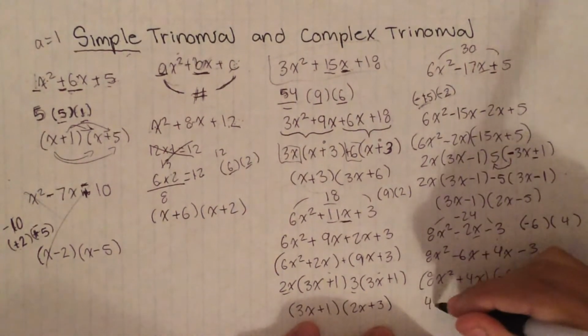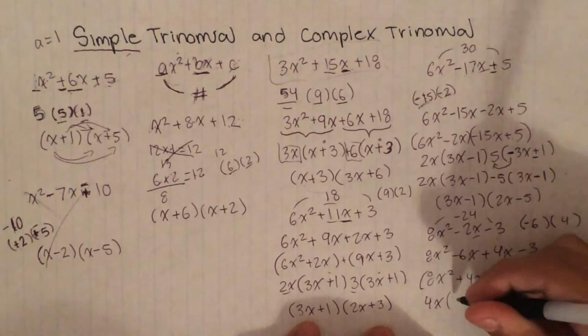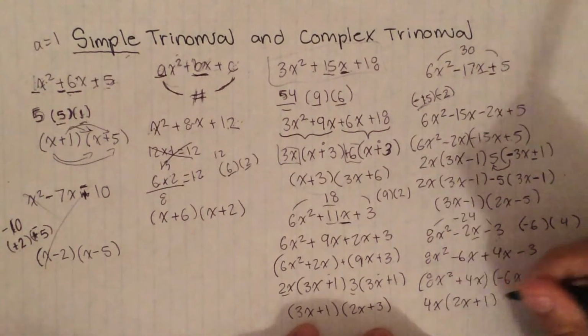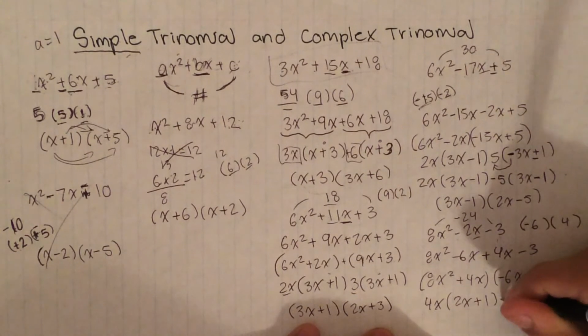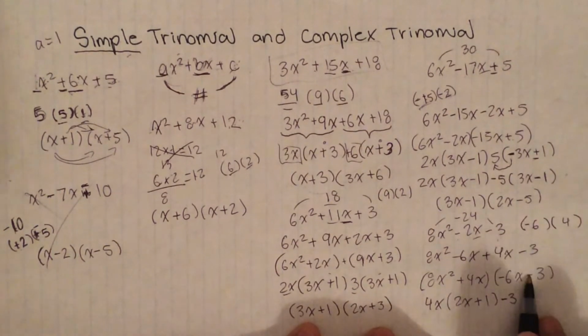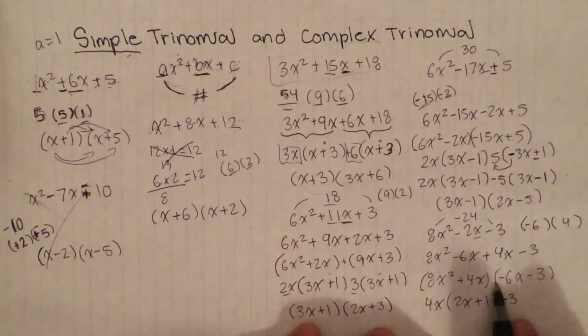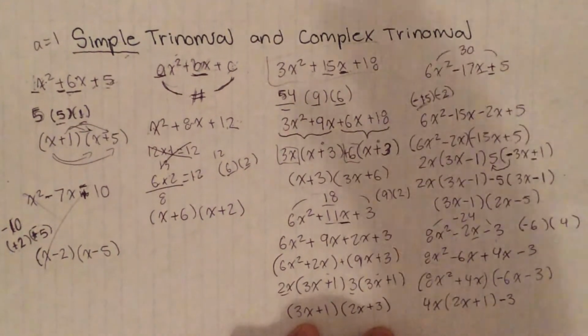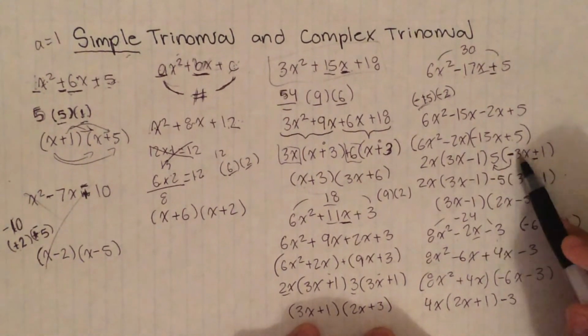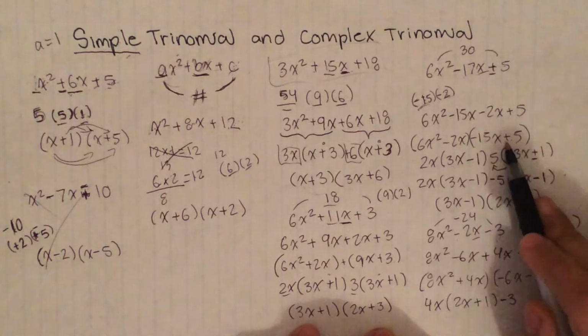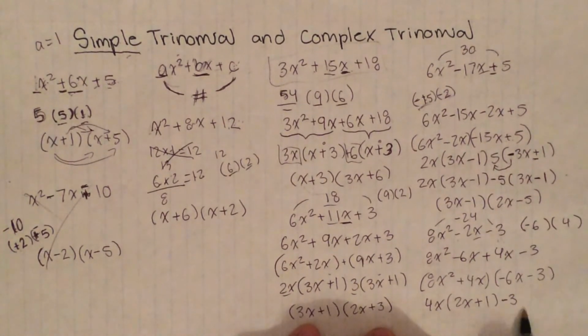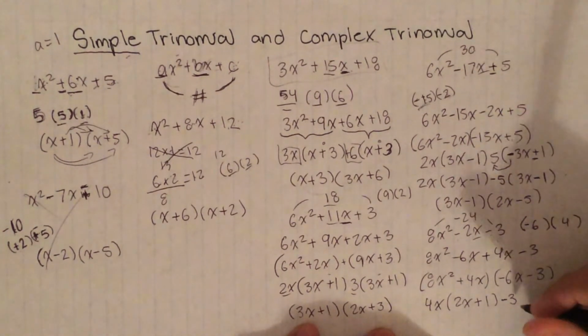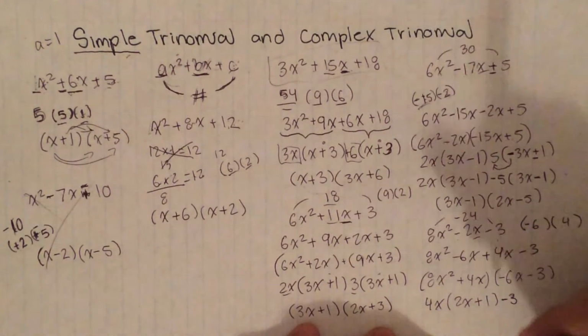Now we're going to take out 4x because that's what they both have in common, making it 2x plus 1. And then here we're going to take out negative 3 because they both have negative in common and also 3. These two didn't have a negative in common, but these two do, so I can take it out now, along with the 3.